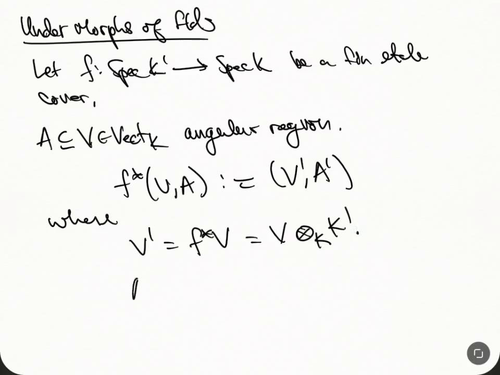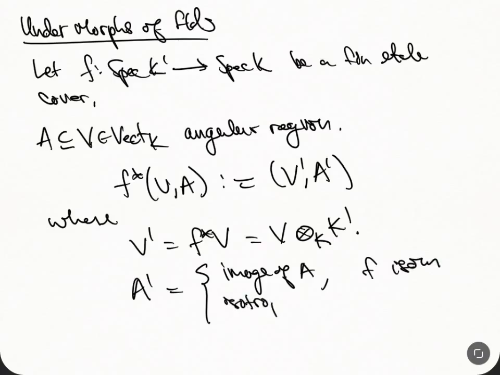And A prime is going to be the image of A when F is an isomorphism. And it's just going to be the isotropic orbit of A if F is not an isomorphism. Okay, so when things go bad, you just make a big isotropic orbit.